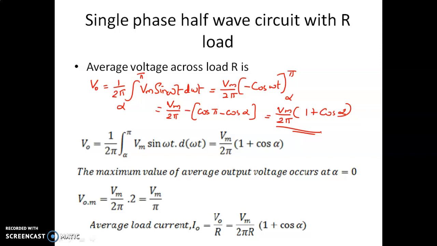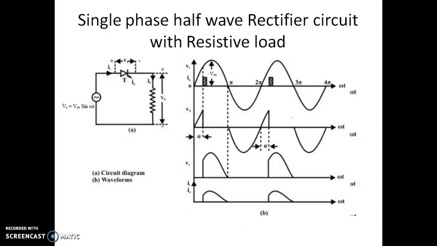Now coming to the maximum value of the average voltage. When will you get the maximum value of average voltage? As you can see, if alpha is equal to 0, the output voltage will start from here itself. So when alpha equals 0, we will get maximum voltage.